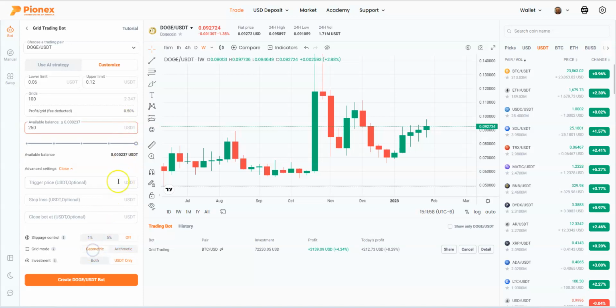But if you set it on geometric, then I like that because you're going to make the exact amount of profit at every trade. So just say if we put, you can see the most you can do with this limit is 347 grids. If you put 347 grids in, then you're making 0.0005% and you're paying a 0.10% fee.